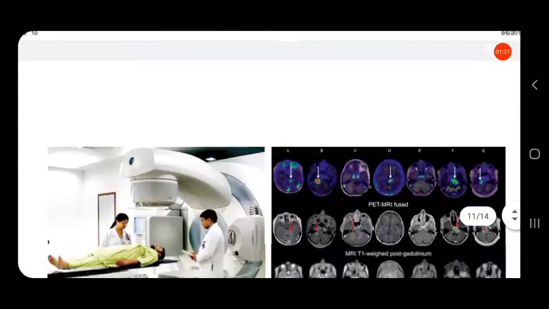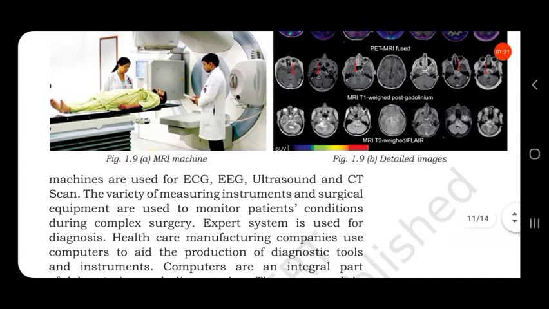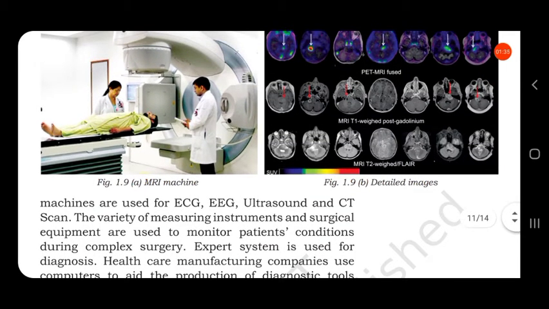The computerized machines are used for ECG, EEG, ultrasound and CT scan. So all these computerized machines are an application of information and communication technology.